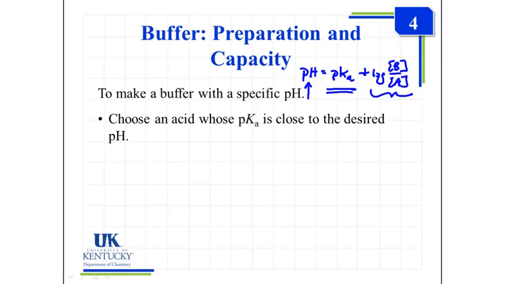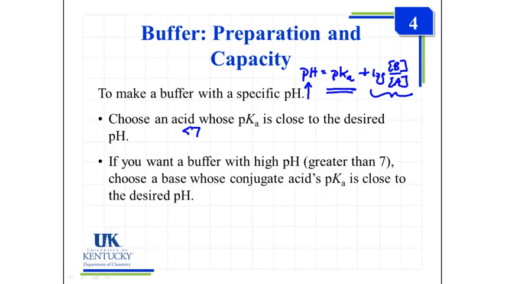If you're looking for a buffer that's in the acid range, meaning less than 7, you're going to be going to tables of acids and finding one whose pKa value is close to where you want. But if you wanted to make a buffer that has a higher pH, let's say greater than 7, in the base range, then you want to choose a starting material which is a base, so that you've got a basic buffer.